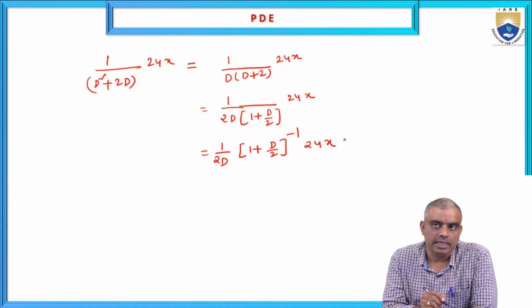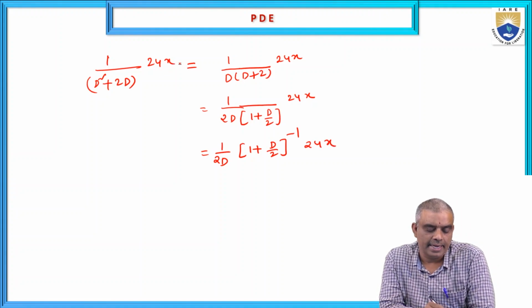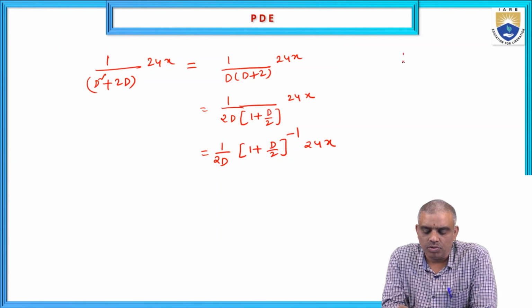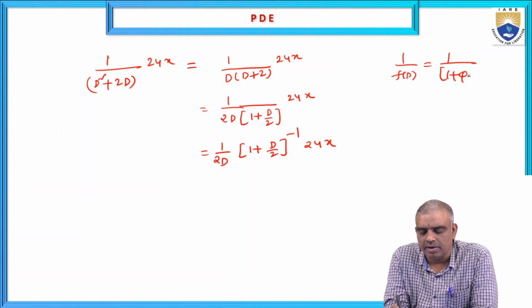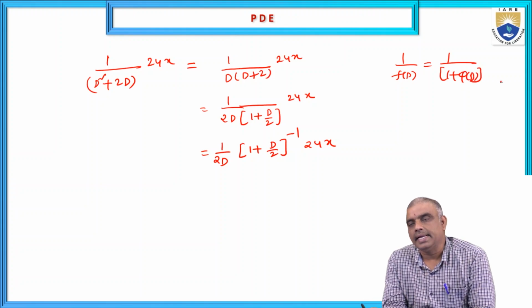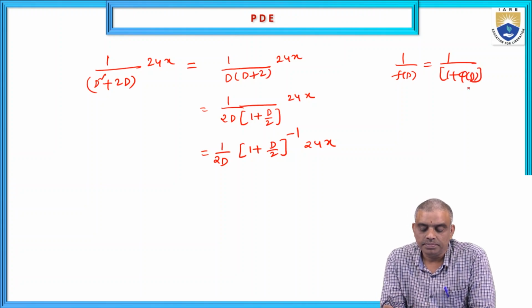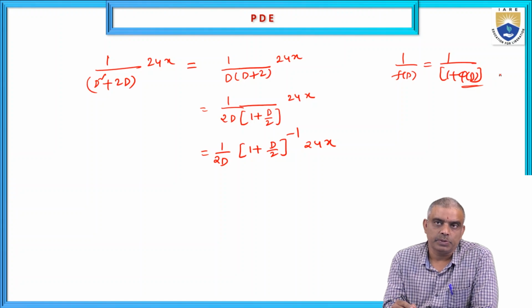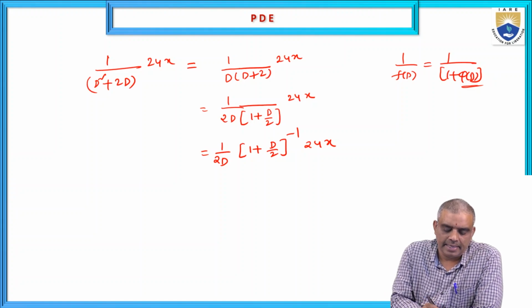If it is x, x square, x cube, x power k form, then we have to write 1/f(D) in the form 1/(1 + φ(D)) by taking out the lowest degree term, and then use the binomial expansion to find the particular integral.